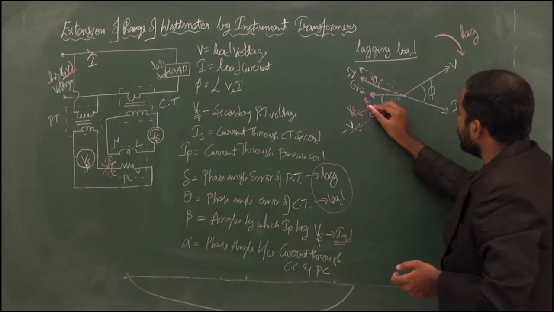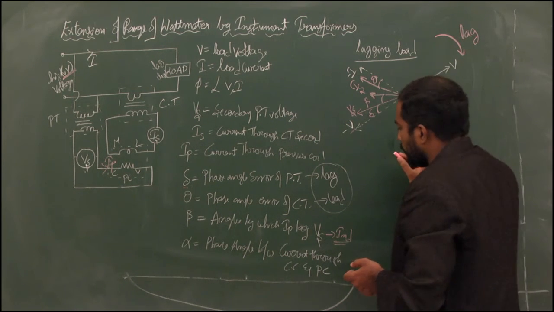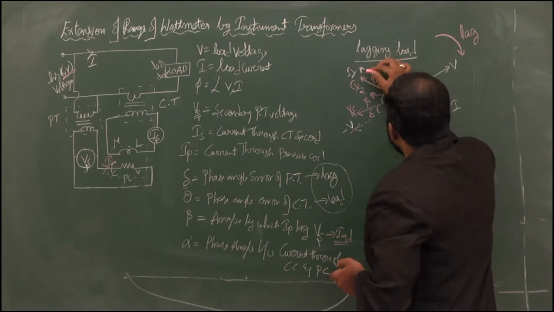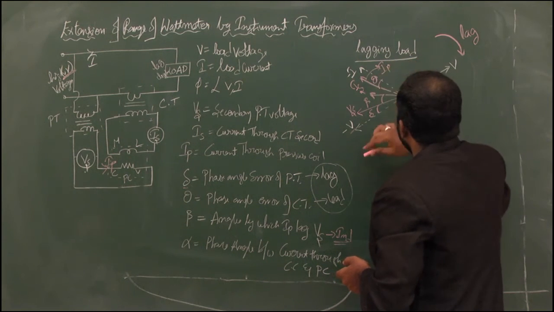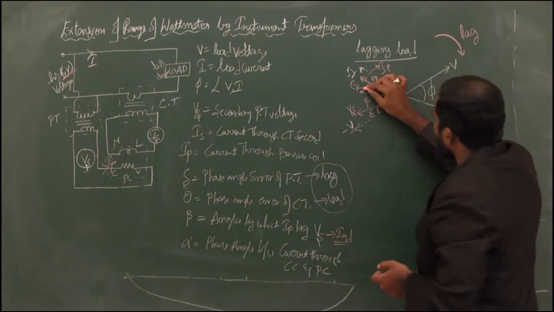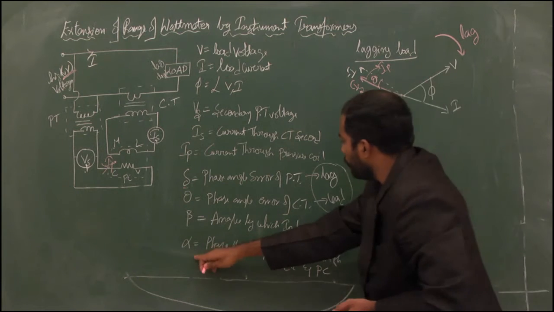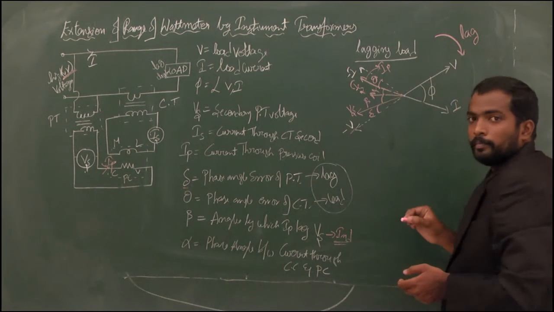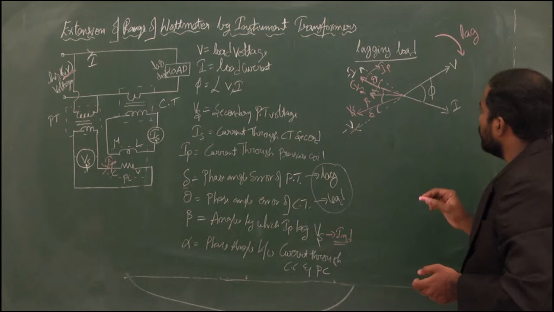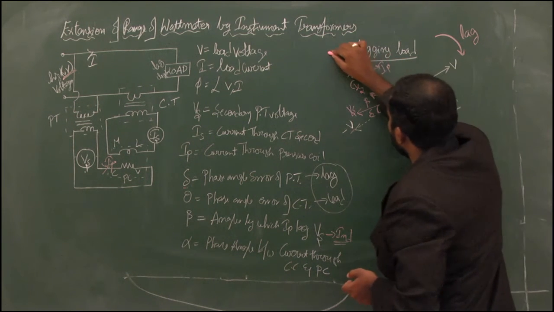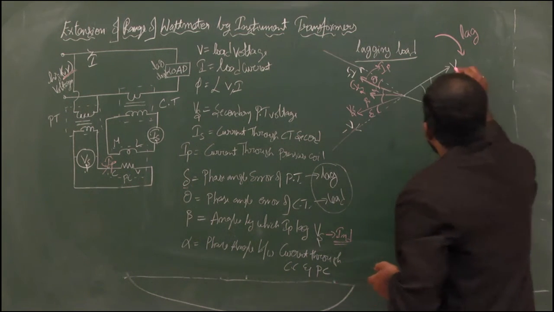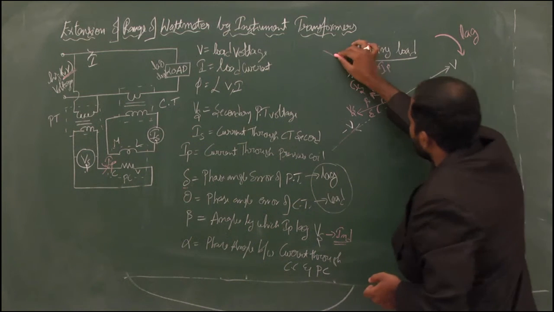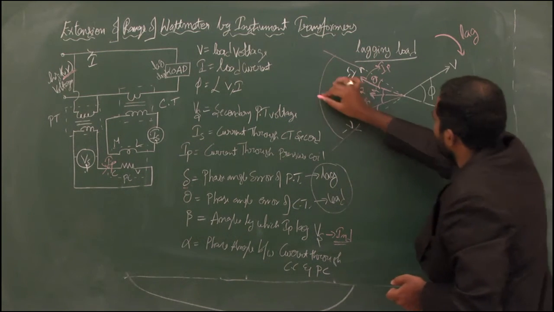And I have already assumed the phase angle difference between the current through the current coil and the current through the pressure coil. So this is nothing but the current through the pressure coil. The current through the current coil and the current through the pressure coil have a phase angle difference of alpha. This is nothing but the projection of your voltage and current, so this angle is equal to alpha.